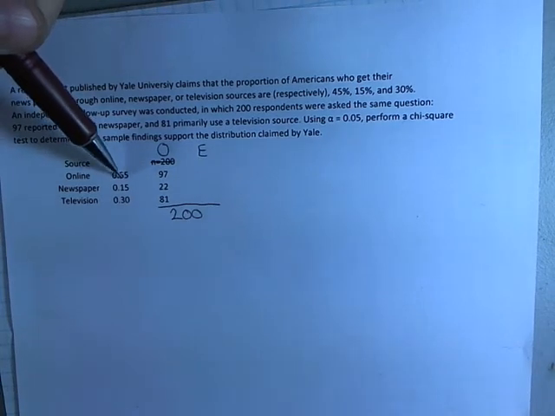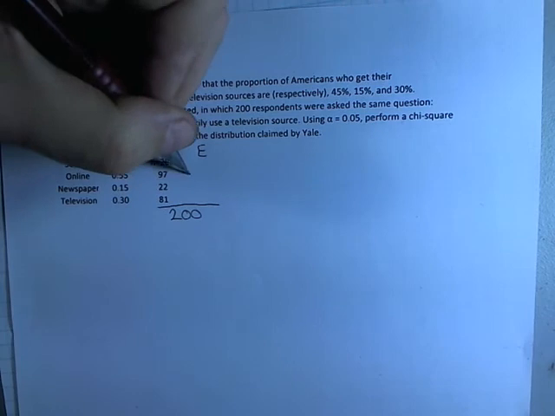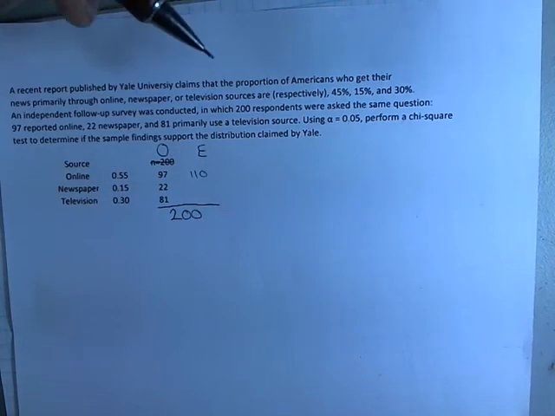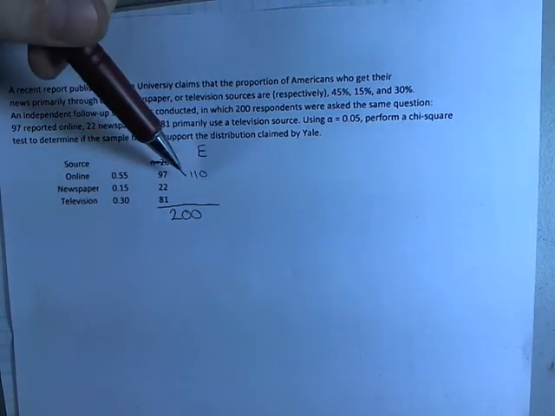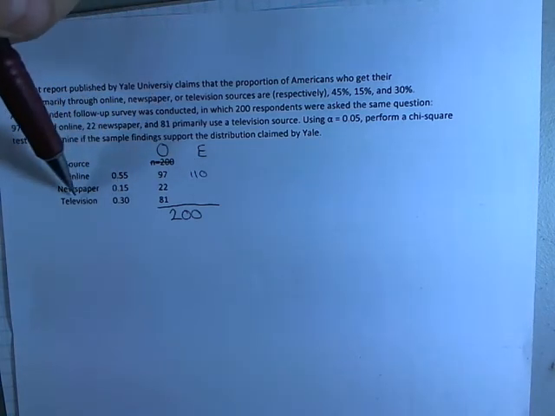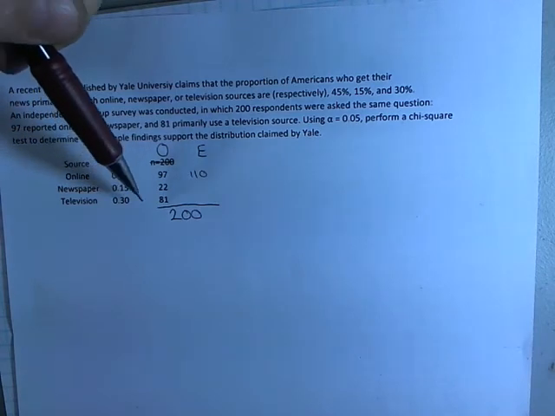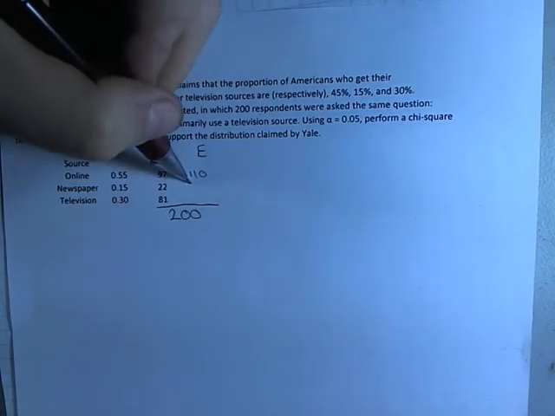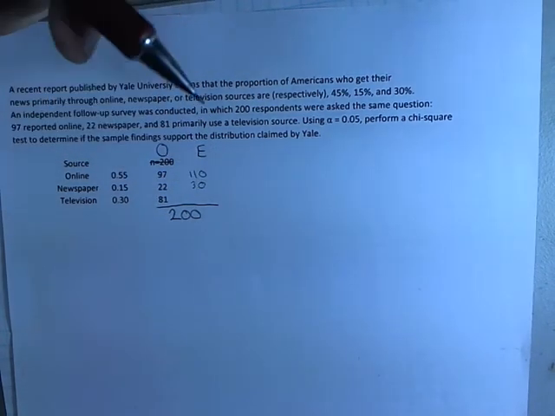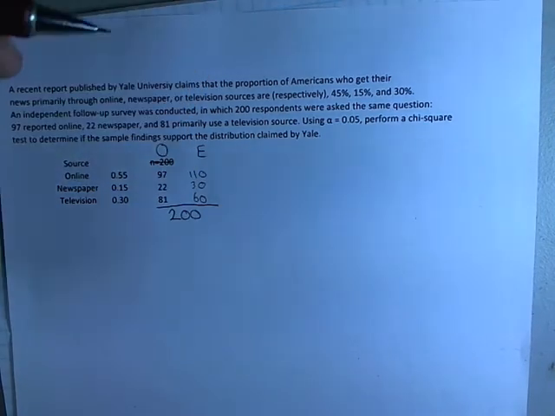So in this case, 55% of 200 elements would be 110 elements. If our sample came out exactly matching this proportional distribution, the number of respondents saying newspaper would be 15% of 200, or 30. And finally, 30% of 200 would be 60.